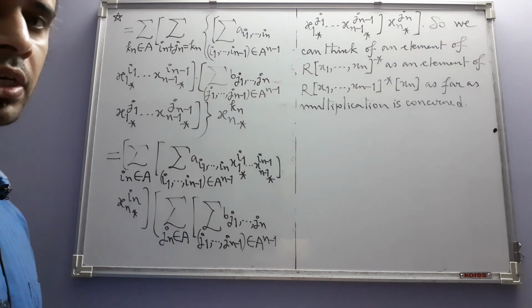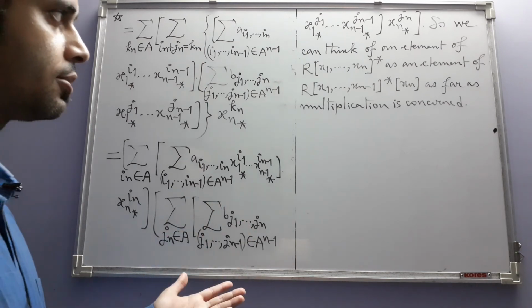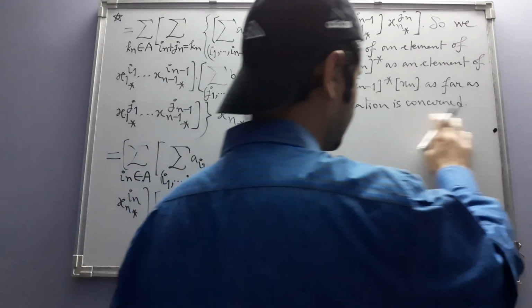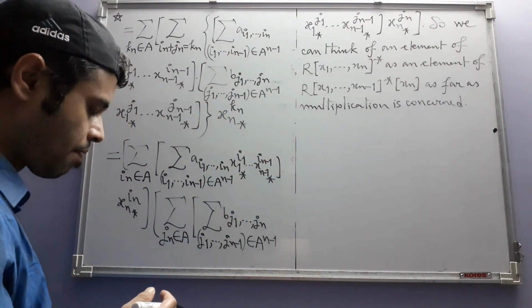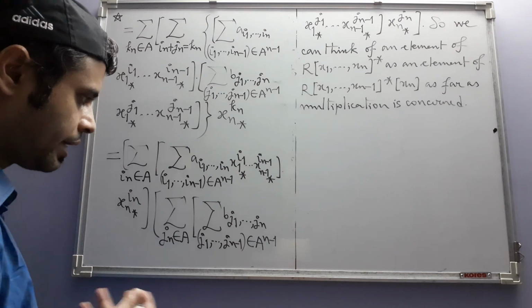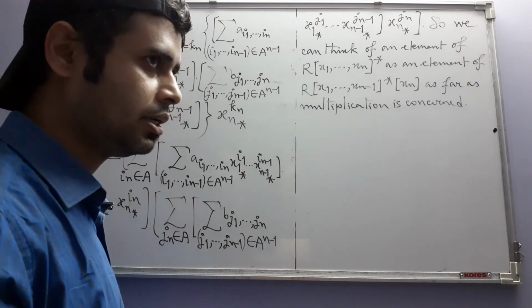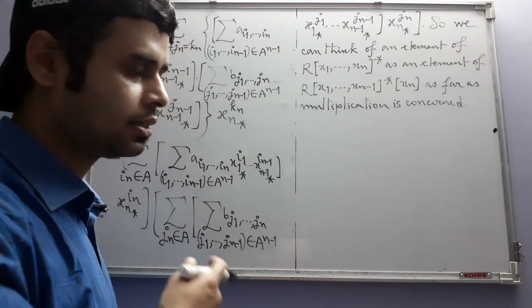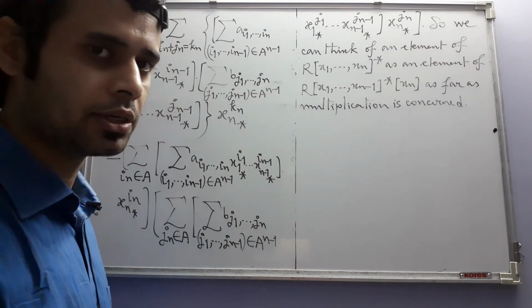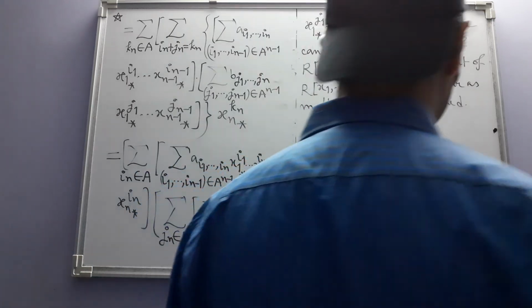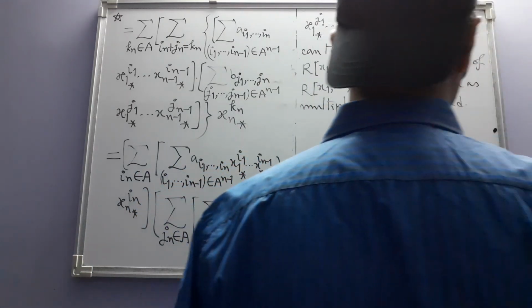You understand what I am trying to get across: this transition between the interpretations of the elements in two different ways does not affect addition and multiplication. In that sense, nothing changes actually.